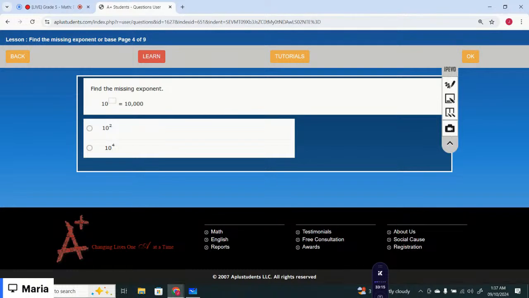Find the missing exponent. So which exponent is missing? That is 10 exponent 4. Option number 2 is the correct option. Very good.